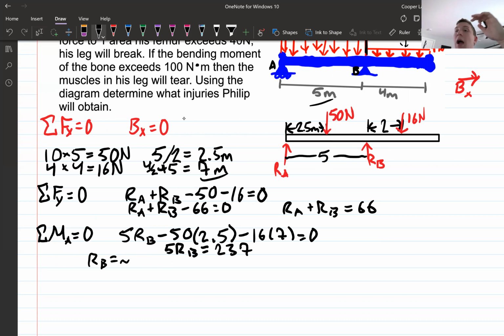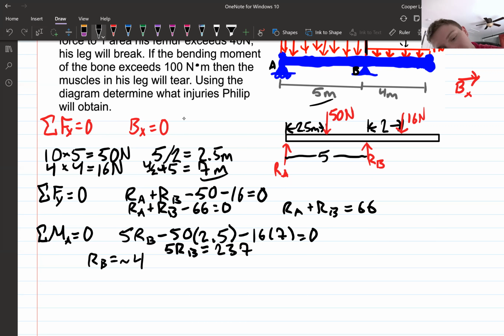When I actually do this problem, I'm going to use the exact value I get here. However, I'm just going to simplify it a little bit, so it's a little easier for me to write and takes less time. So I'm going to get approximately 47.4.